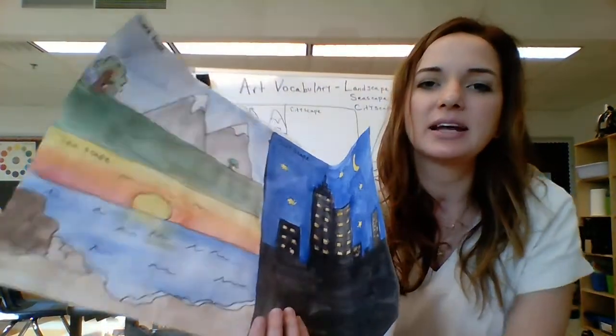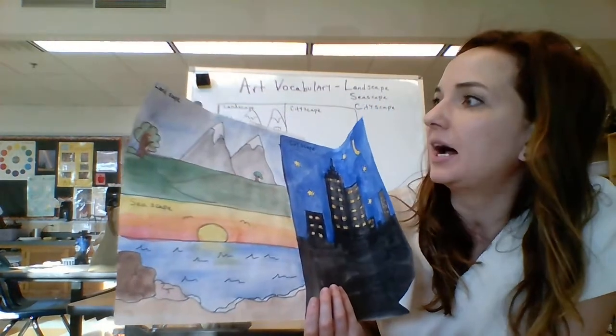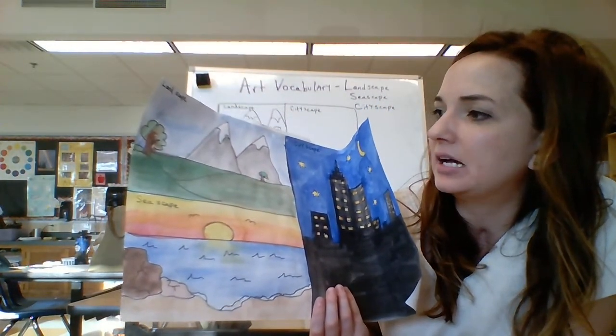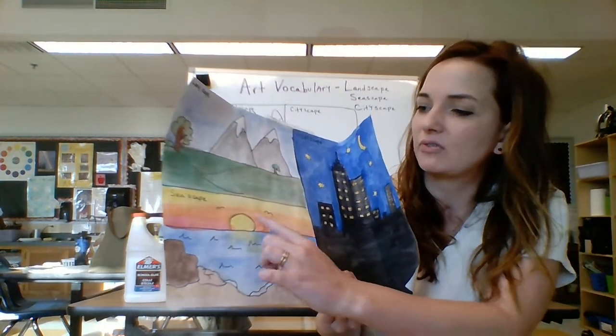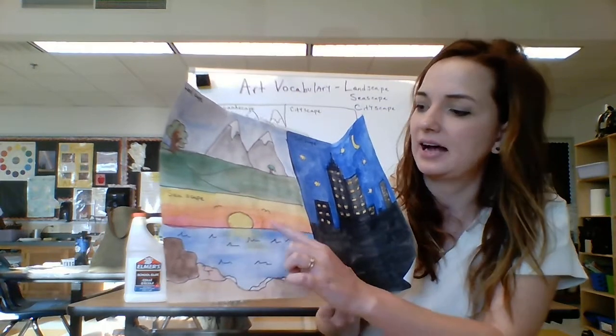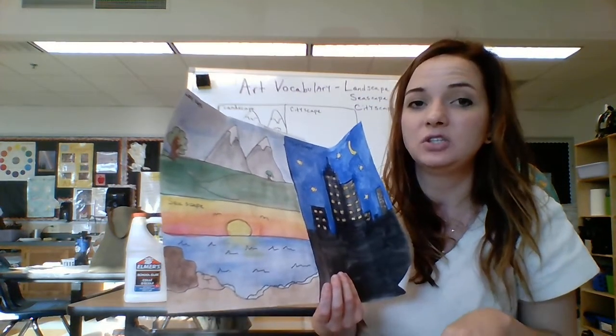All right. I usually get the question, how did you create this kind of sunset look? When we do this project, I usually give you guys paints, and I do a layer of red first, right above this line, and then I do orange. I do this on purpose.